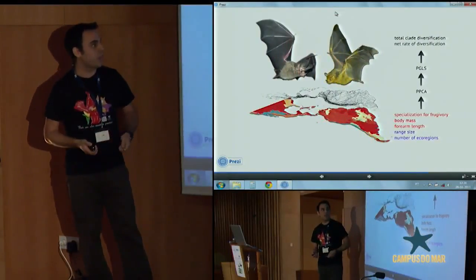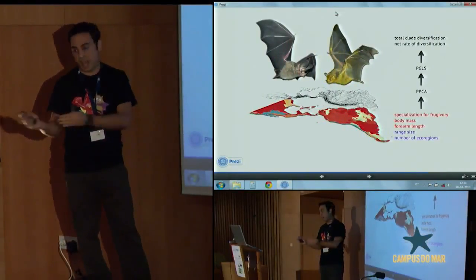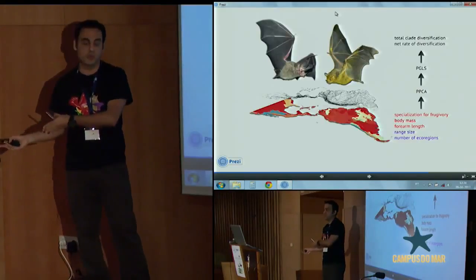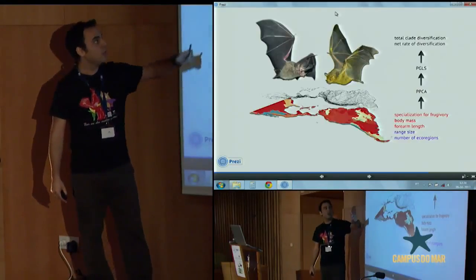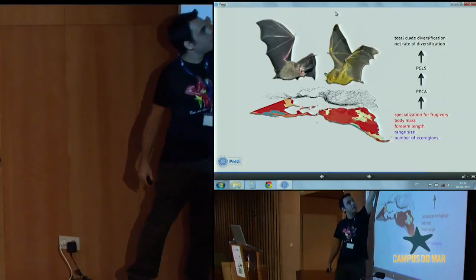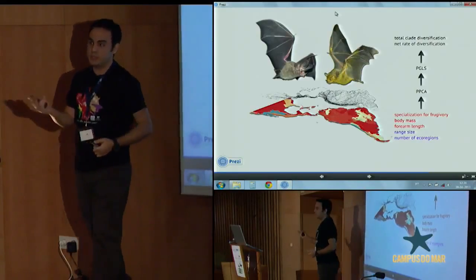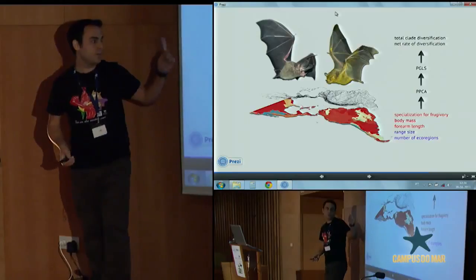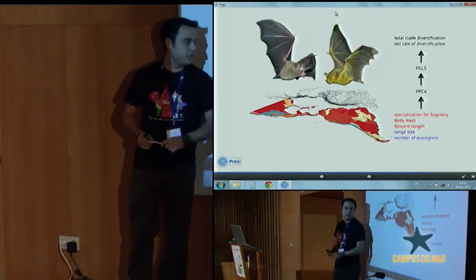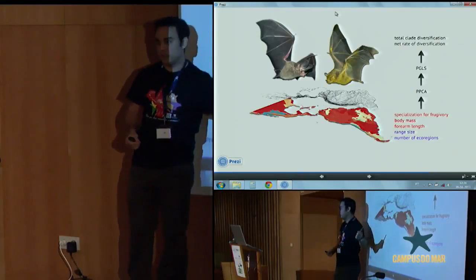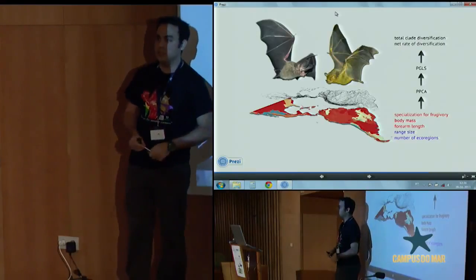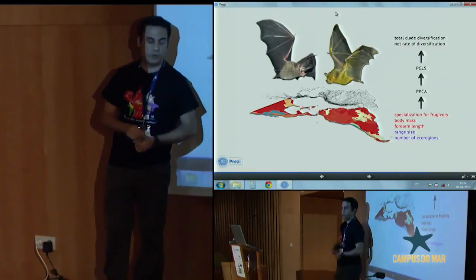And so we have quantified the specialization for frugivory, and we also measured the forearm length of the species and body weight as 2 measures of body size, and also the range size occupied by each lineage, and the number of ecoregions as a surrogate of habitat diversity in which each lineage occurred.